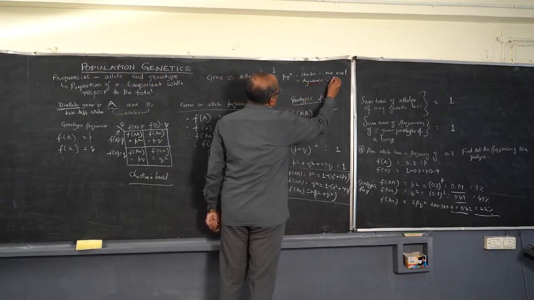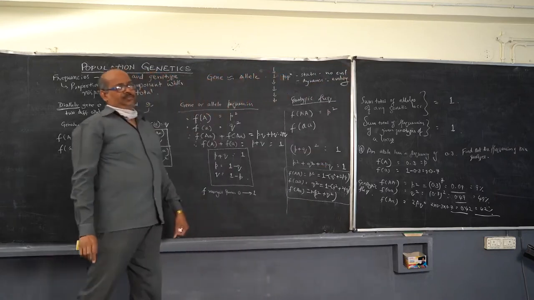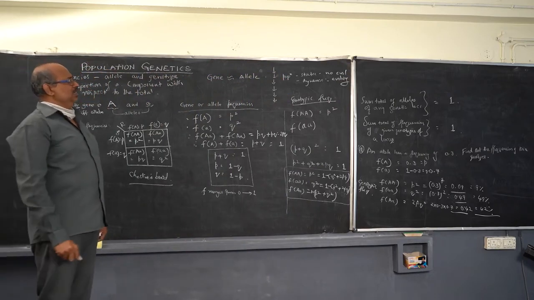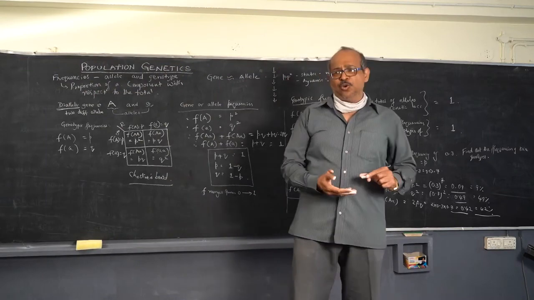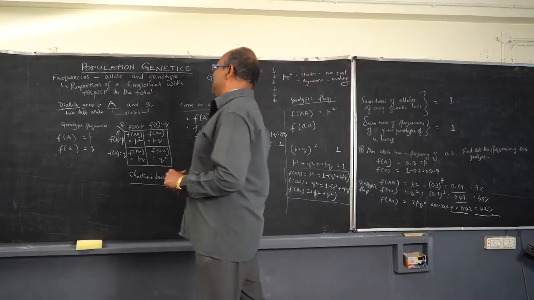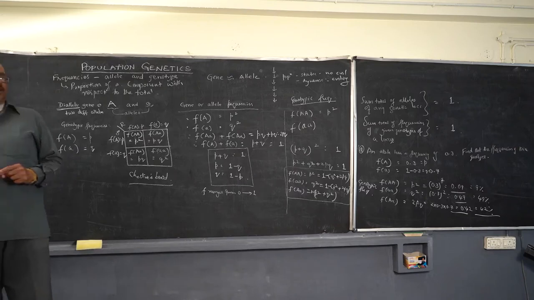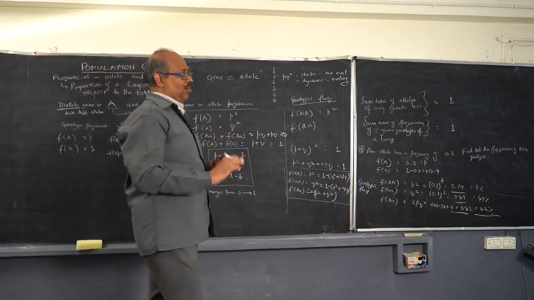Dynamic means it is evolving. So that's why we look for the gene and genotypic frequencies. By knowing them, it is possible for us to know whether a population is further evolving or not.